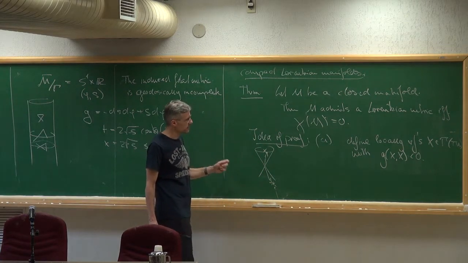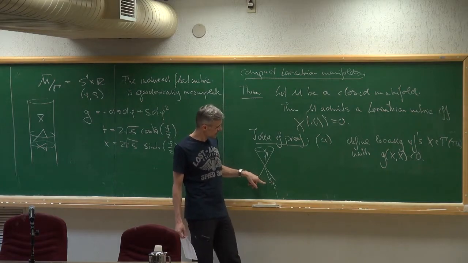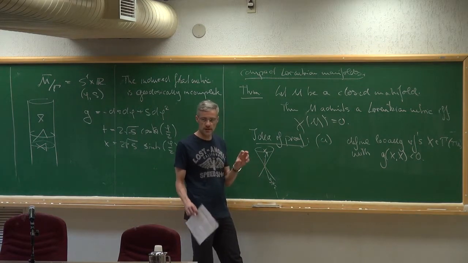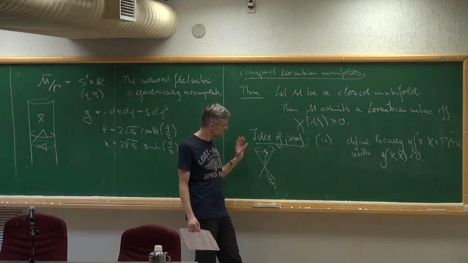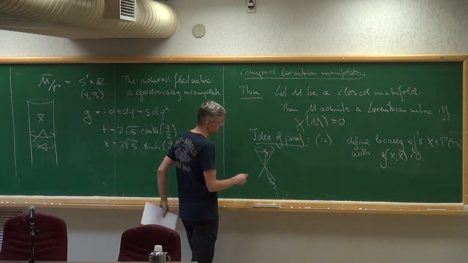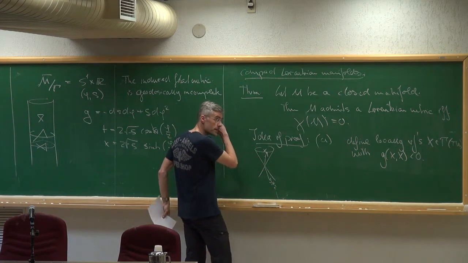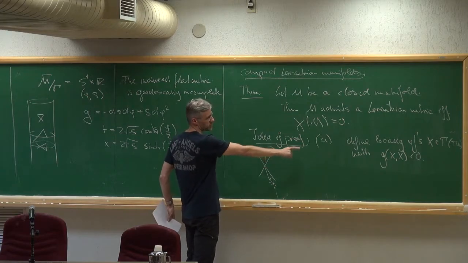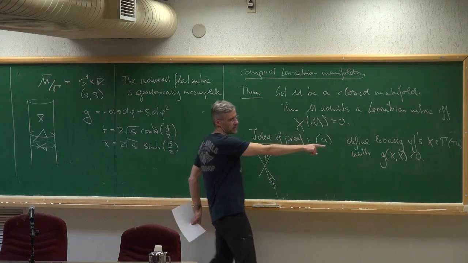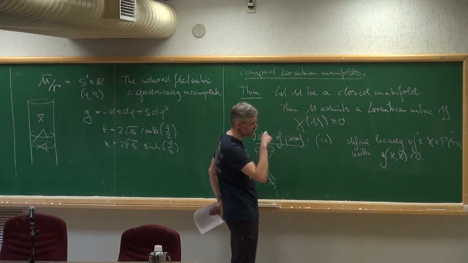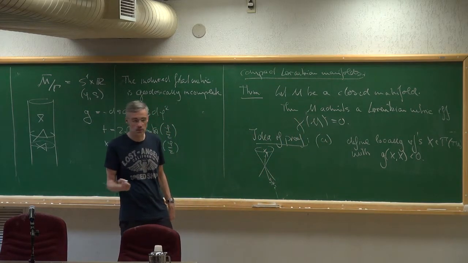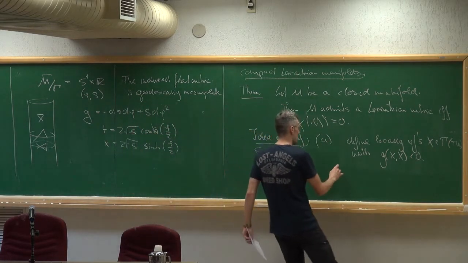So if I do this adding up procedure in the projective space, which I have to give meaning to, but you could do that, then from these locally defined vector fields and the partition of unity you can construct a section of the projective tangent bundle.